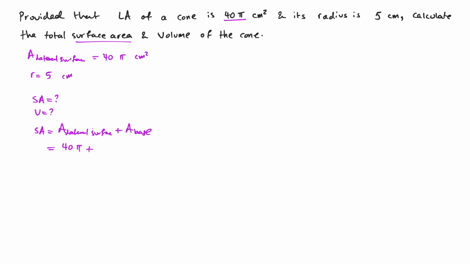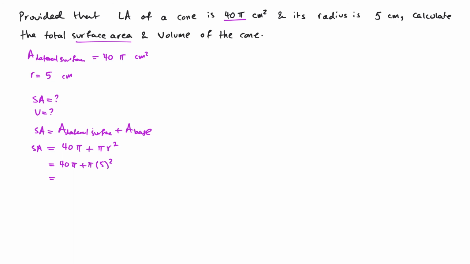And the area of the base we don't have, but we have an equation for it, and the equation is pi r squared. So pi r squared, we have the radius. The radius is given to us as 5. So we can write that as 40 pi plus pi times 5 squared.